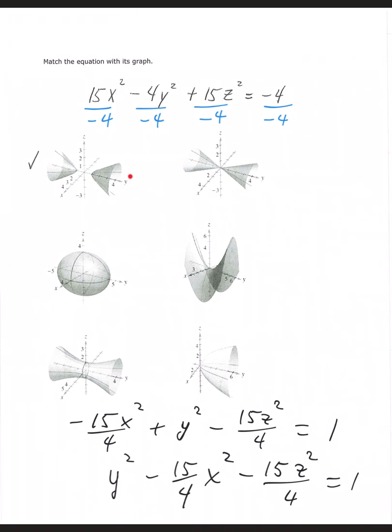Notice here we have the y-axis, that's the positive term, and we have a smooth, I don't want to say cone, but it's sort of conical shaped, but you have a smooth bottom instead of a pointy bottom. And it runs each way in the y direction. If z had been positive, then you would flip this up and you would have a hyperboloid of two sheets that went up and down.